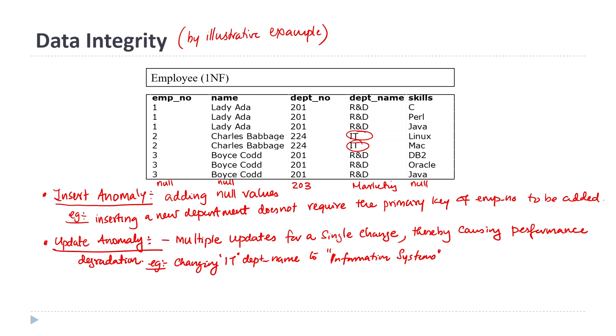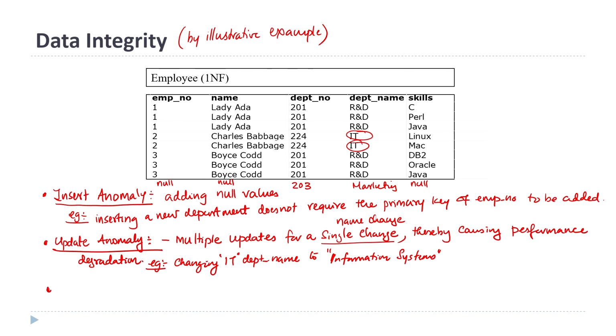So, when you make a single change, like for example in this case a name change, you have to change it in many places wherever this department name shows up, and the old data has to be removed and the new data put in. And when you have so many rows, now we only have 8 rows, assume there are 8,000 rows, then you go through and change every row where this department name is appearing. So, that becomes the update anomaly.